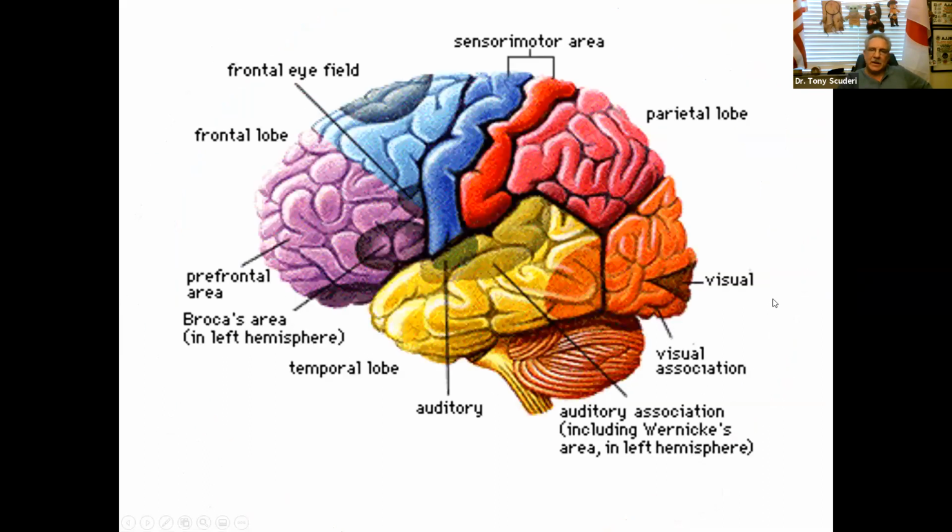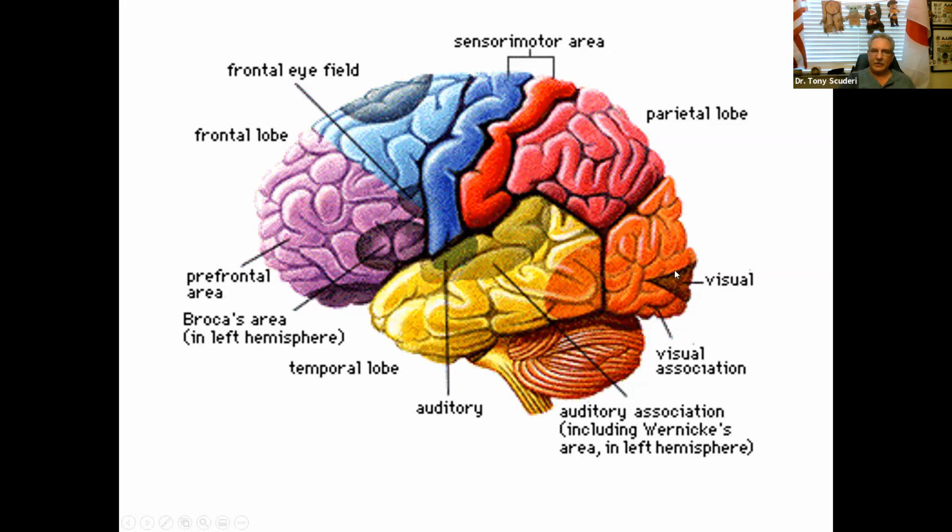Okay. So that's the interior part of the brain. So let's take a look again before we move on to the outside, or the cerebral cortex. This is basically your cerebral cortex, everything that I explained earlier. We see the frontal field for the eyes, the motor cortex areas here.